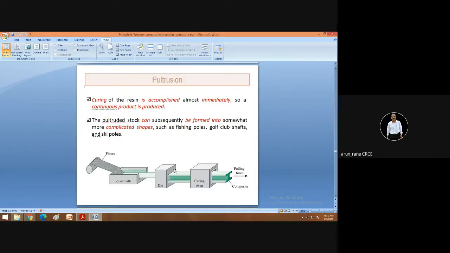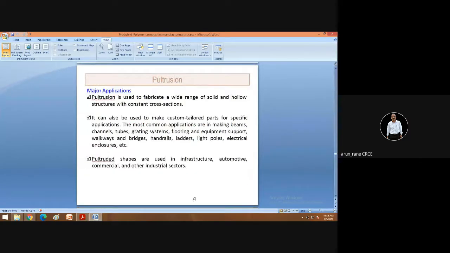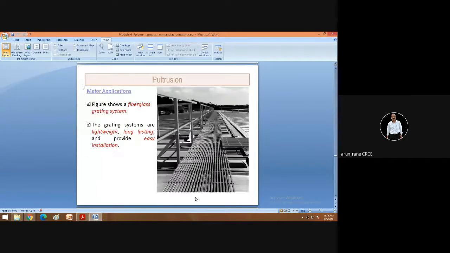Then you have pultrusion. Pultrusion is nothing but you are curing it, means you are passing it to the curing oven, that is heating chamber. So you can get a wide range of products, solid or hollow.